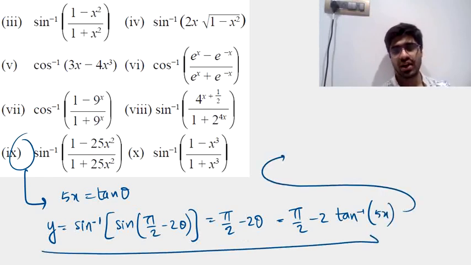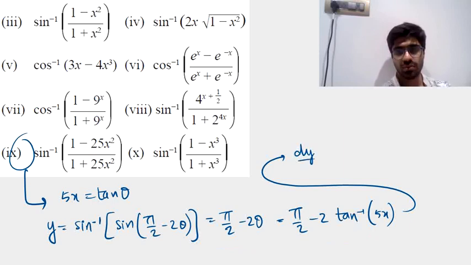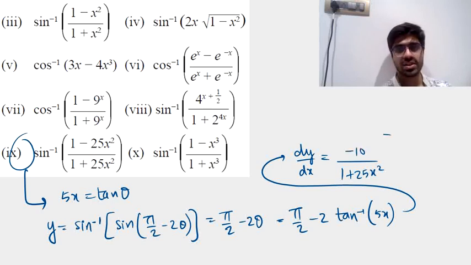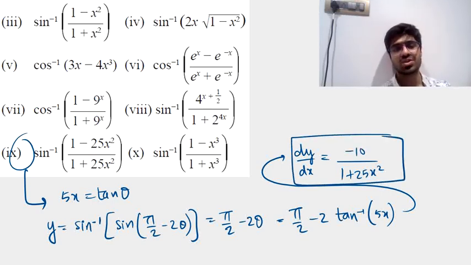Take a derivative, y was this, so dy by dx will now be 0 minus 2 upon 1 plus 5x the whole square, that is 1 plus 25x square, into the derivative of 5x, which is equal to 5, so into 5. So in the numerator it's a 10, in fact a minus 10, and that becomes the expression of dy by dx. Continue with the 10th one.